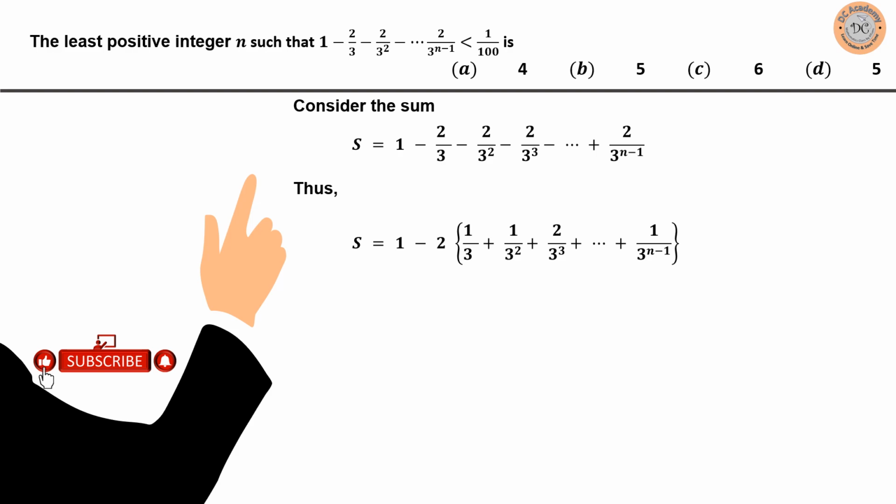Now if we observe the shaded series, if I multiply the first term by 1 by 3, and again multiply the second term by 1 by 3, we get the third term. And obviously this goes on up to the last term.